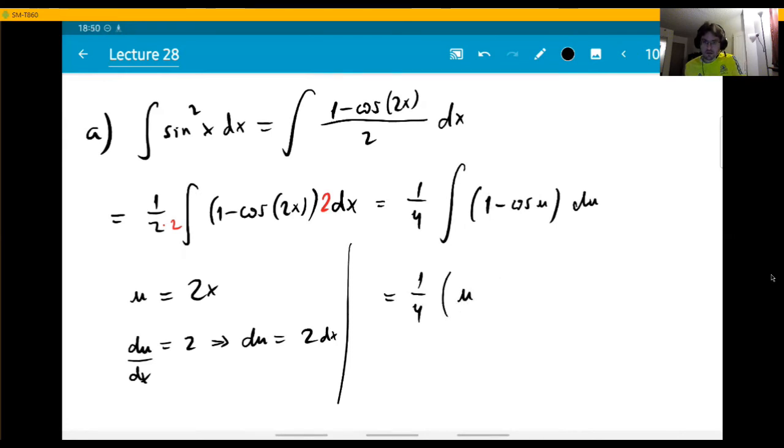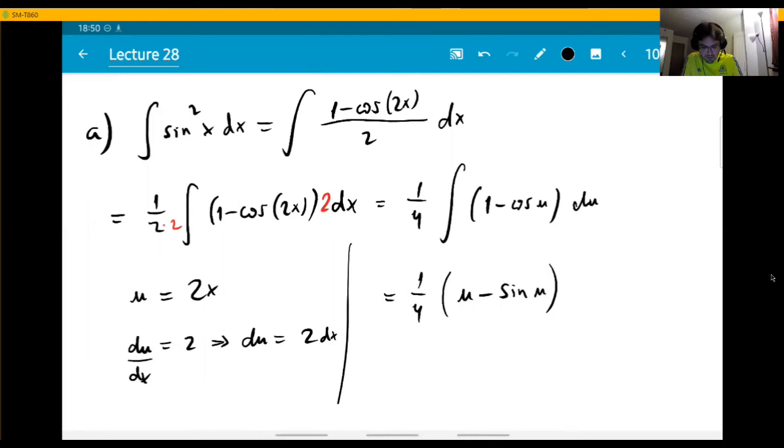And then minus cosine. What is the function whose derivative is cosine? That would be sine. So u minus sine u. There are no endpoints because this is indefinite.